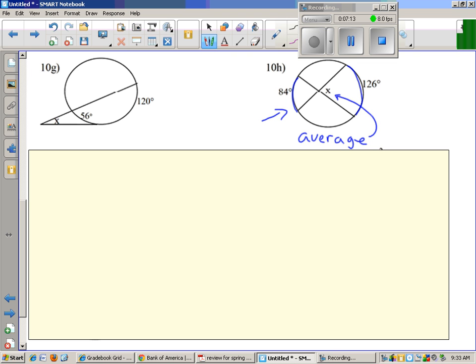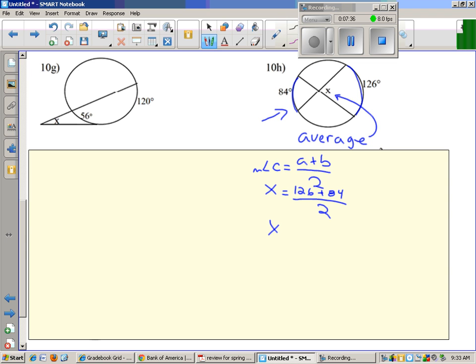So in problem 10H, I'm going to have C equals A plus B over 2, where C is the angle C. And in this case, we're going to use X for the measure of angle C.